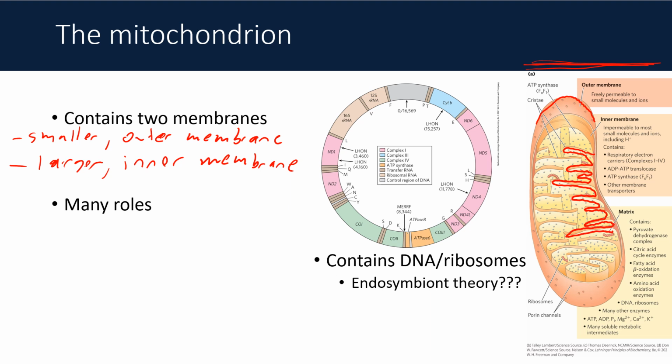And the word for all of these wrinkles and convolutions is cristae. Cristae are very important because we're ultimately increasing the surface area of this larger inner membrane. That's important because it's the location of the electron transfer chain. It is going to be the site of this ATP making chemistry.